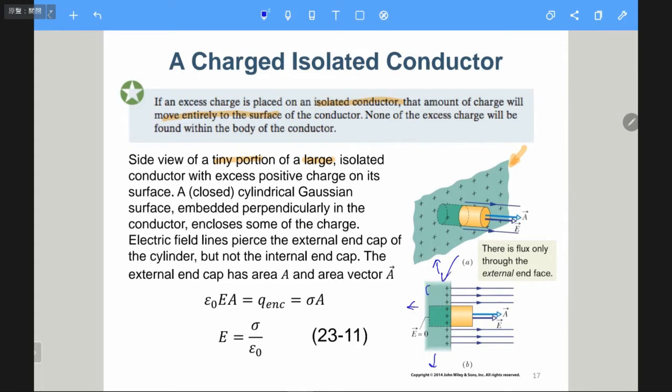If you define any Gaussian surface inside, the flux should be zero, which means there shouldn't be any E field inside a conductor. For an insulator, there could be excess charge inside, and so an E field. But for a conductor, there is no charge and no E field inside.